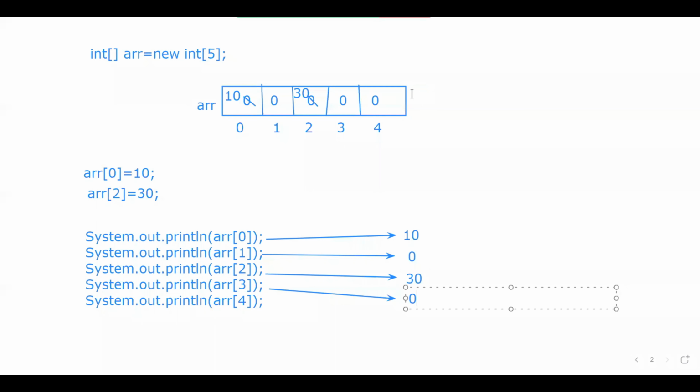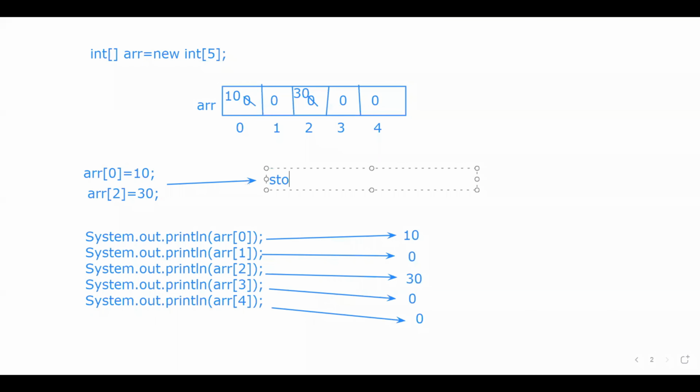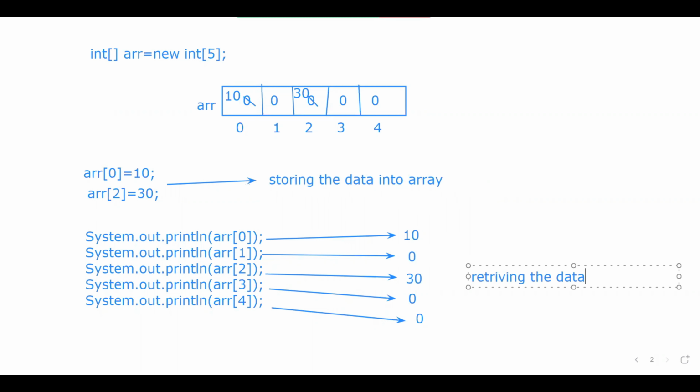This is the way how you can store the data in an array, and this is the way how you can retrieve the data from an array. So let me write here: storing the data into the array, and this we call retrieving the data from the array.